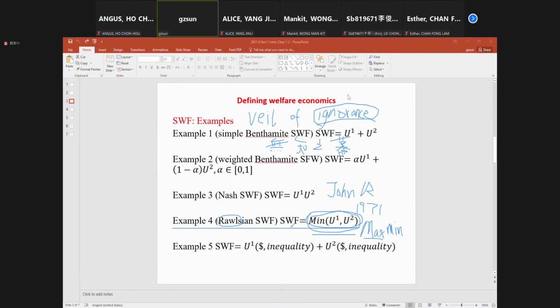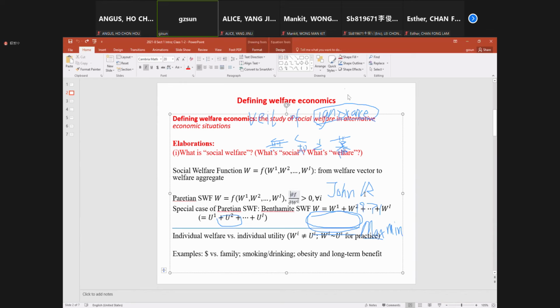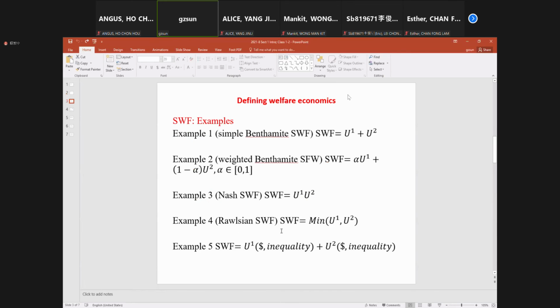So, if you check mathematically about this social welfare function, with this property, and this property, you may find the so-called Rawlsian social welfare function doesn't satisfy this property, because this function is not differentiable.